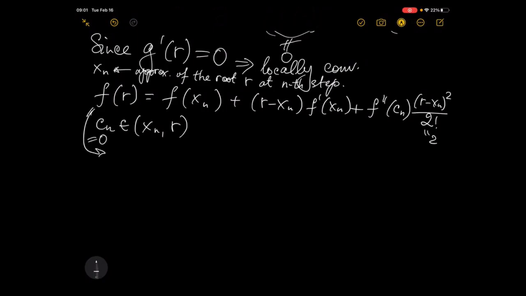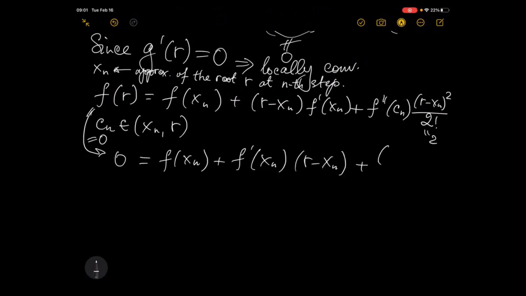Because r is the root, we get that 0 equals f of xn plus f prime at xn times (r minus xn) plus (r minus xn) squared divided by 2 times f prime at cn.